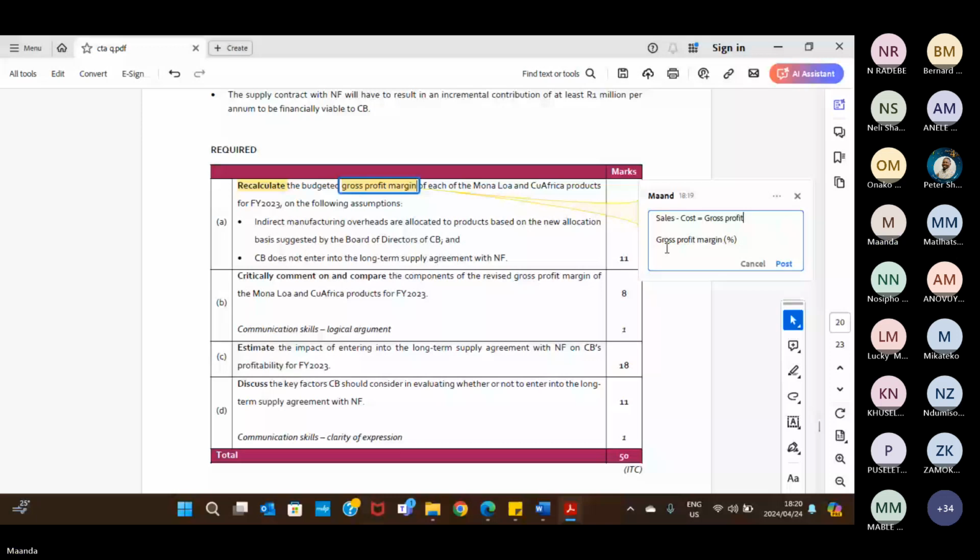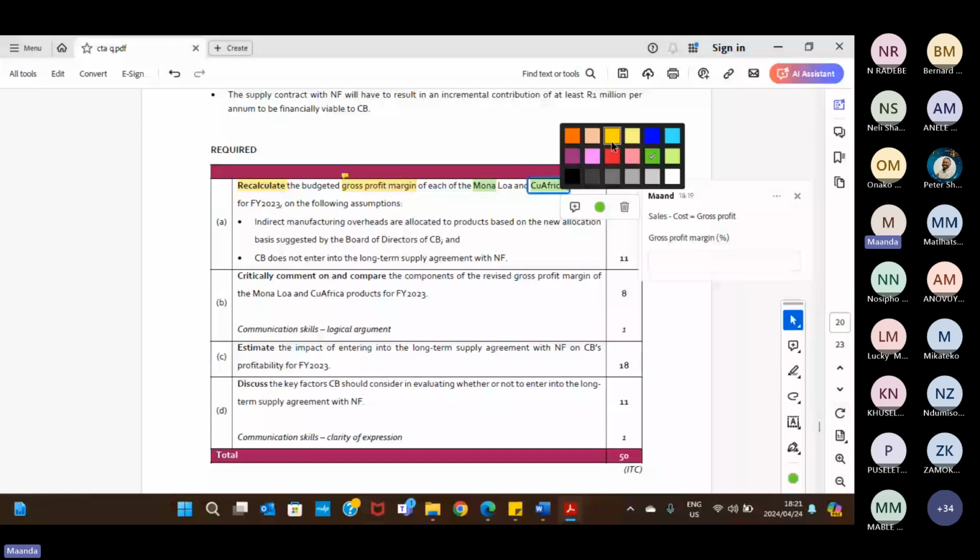All right. Then of each of the Mona, L, and Q Africa products. So now I know that I have two products for which I need to calculate that gross profit margin, right? The first one they gave me, let's call it product M, and the second will be product C. So I need to calculate for both of them.